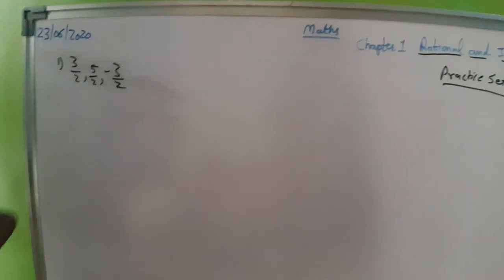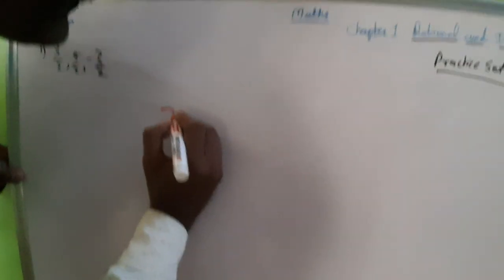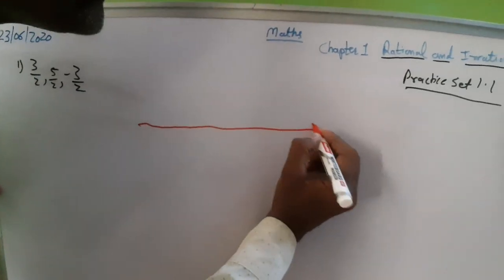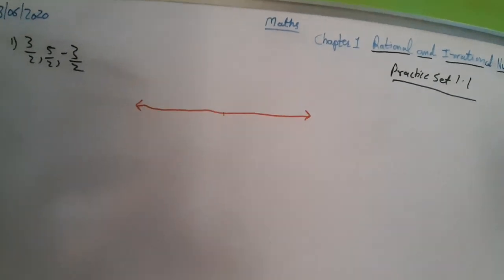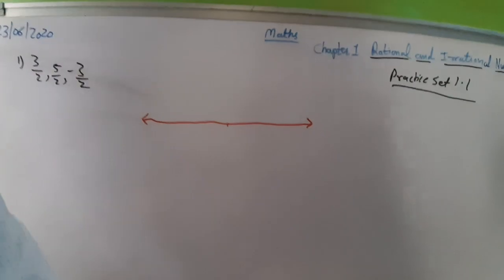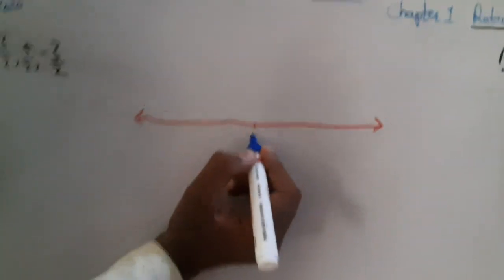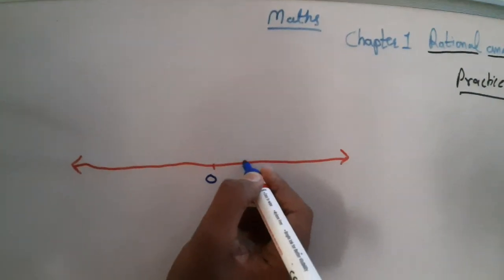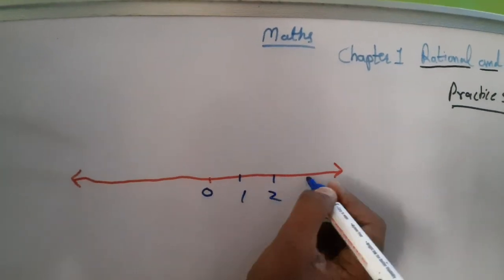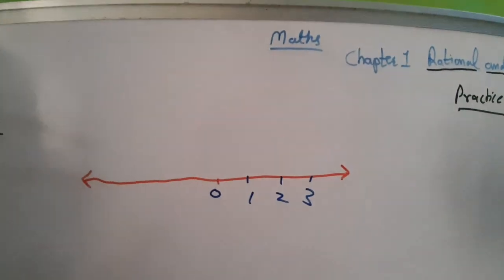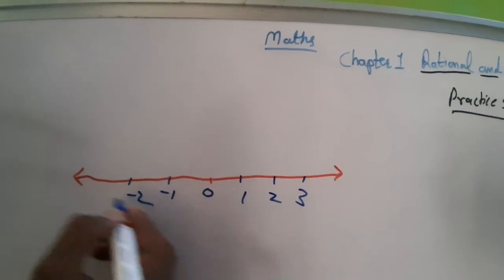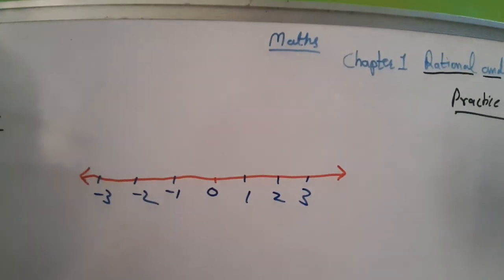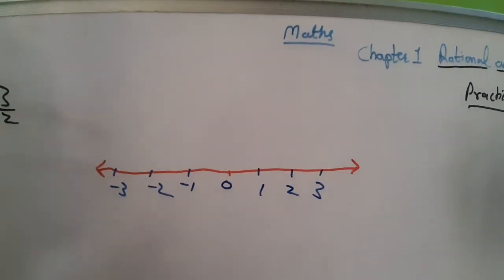Just see, this is our number line. 0 is the origin, 1, 2, 3 on the right side are positive numbers, and minus 1, minus 2 and minus 3 are on the negative left side of 0.